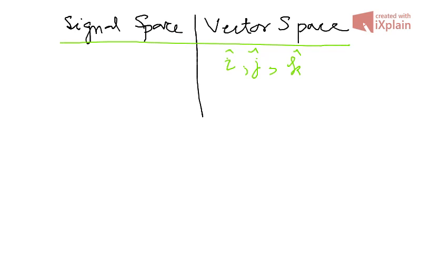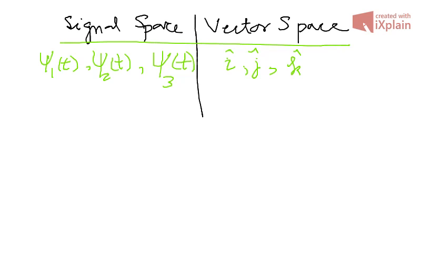Similarly, in the signal space we have three signals which are psi 1 of t, psi 2 of t, psi 3 of t, and these three signals, or these three functions of time, are orthogonal to each other. So all three signals are orthogonal, and we define the three-dimensional signal space.